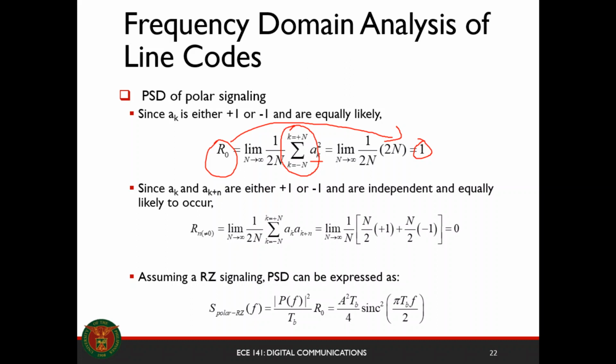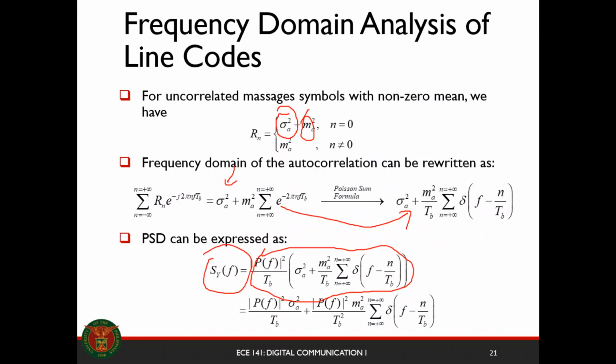If we get the autocorrelation at a delay that is not 0, then since your +1 and -1 are independent and equally likely to occur, this sum would be 0. This is actually not noise, I forgot.